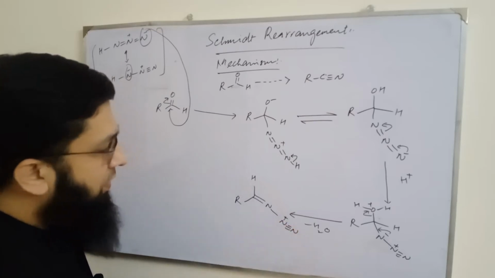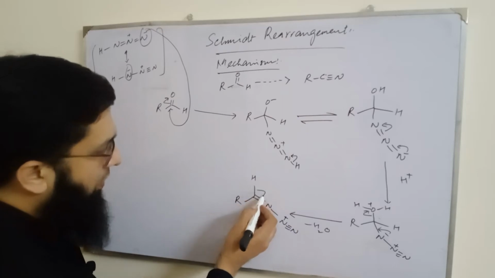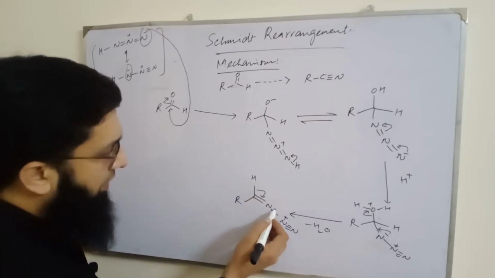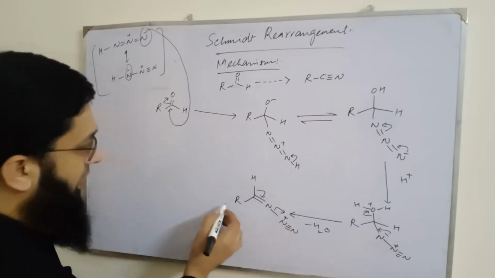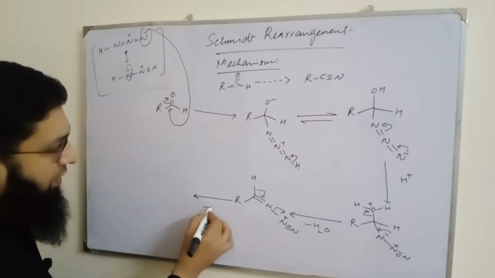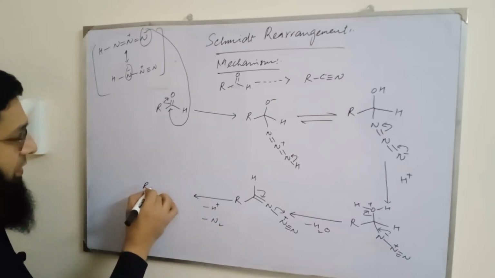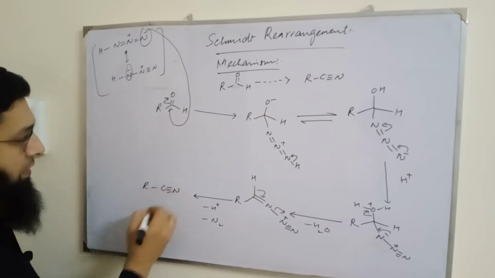We get this, and in the next step proton is eliminated and dinitrogen is also eliminated. We get nitrile. So I hope this is clear to you.